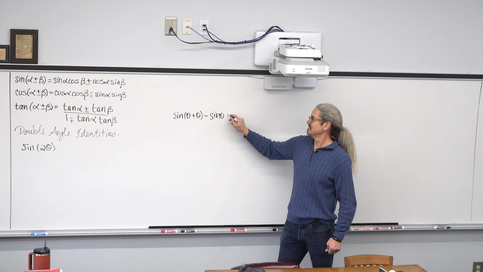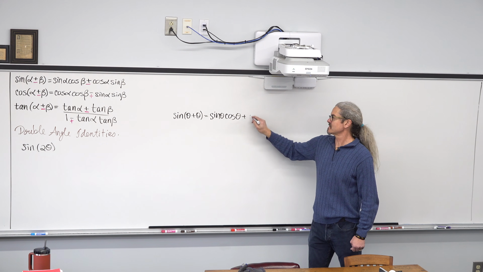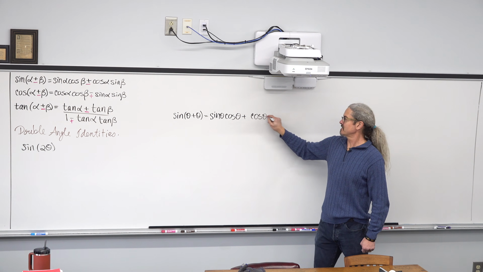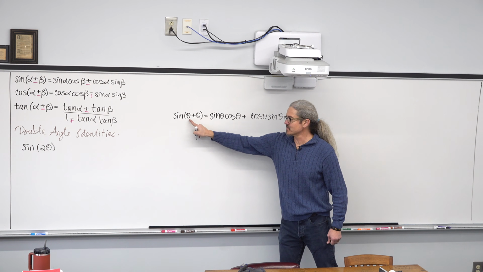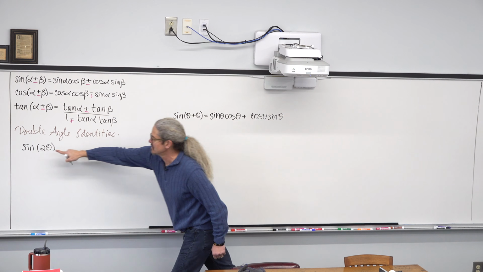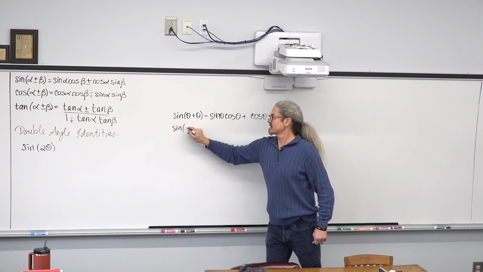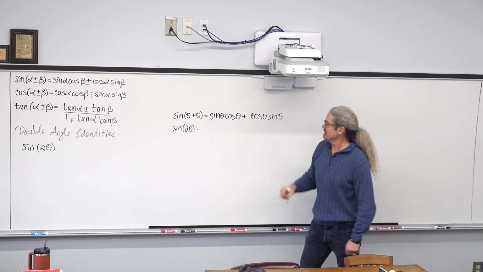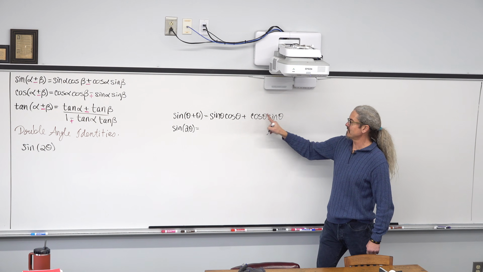Sine of the first, theta, times the cosine of the second, cosine theta, plus cosine theta, sine theta. Well, if the 2 angles are the same, theta plus theta is 2 theta, then the sine of 2 theta is sine theta cosine theta, and we have a cosine theta sine theta.